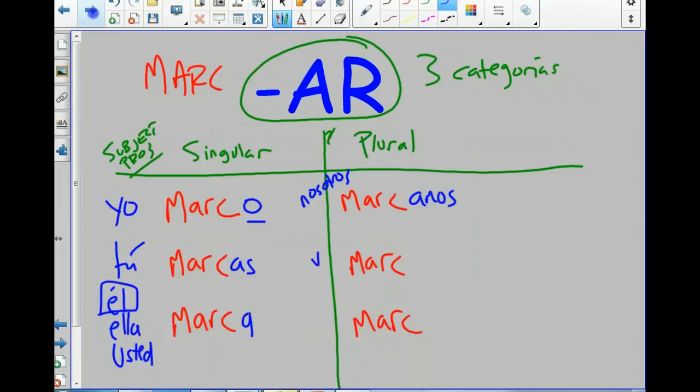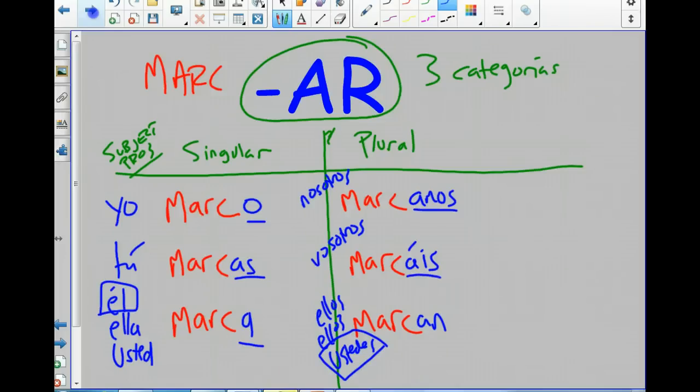We score. Vosotros, if you're in Spain or a country where this is used, you all score. Vosotros marcáis. And finally, either ellos, ellas, or ustedes marcan. So if I wanted to say you guys score a lot of goals, a couple players on my team, ustedes marcan muchos goles. So our endings are o, as, a, amos, áis, an.